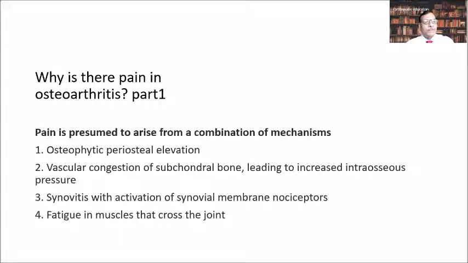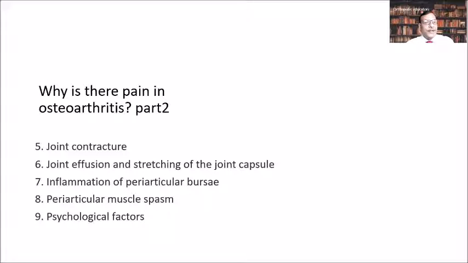Let us understand why there is pain in osteoarthritis. What is the source of pain? It is multifold. It can arise from osteophytic periosteal elevation due to vascular congestion of the subchondral bone, thereby leading to increased intraosseous pressure, synovitis with activation of synovial membrane nociceptors, fatigue in the muscles, joint contracture, and joint effusion.